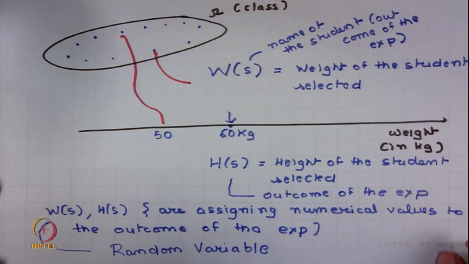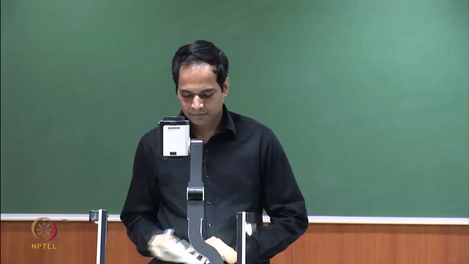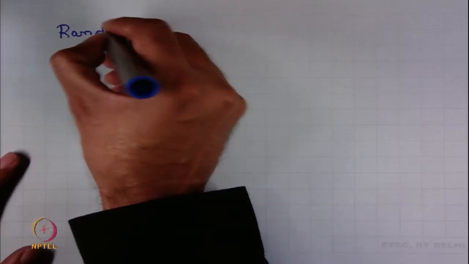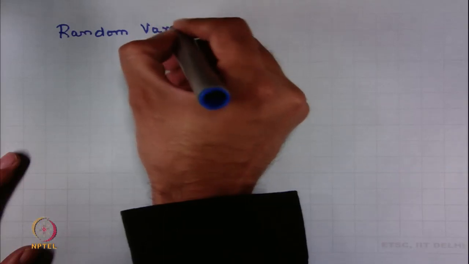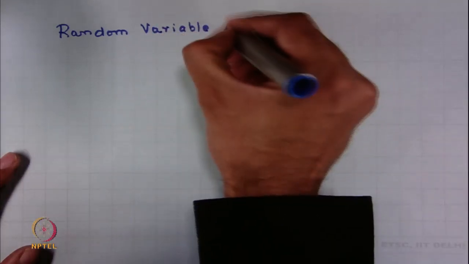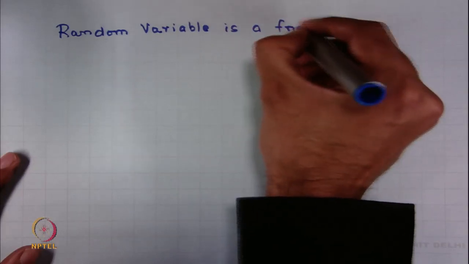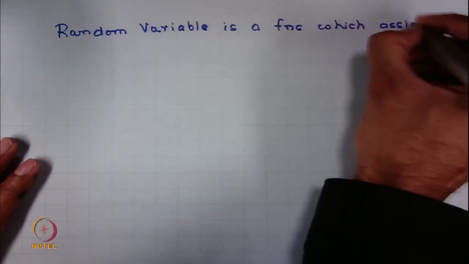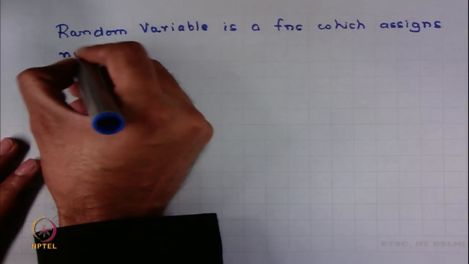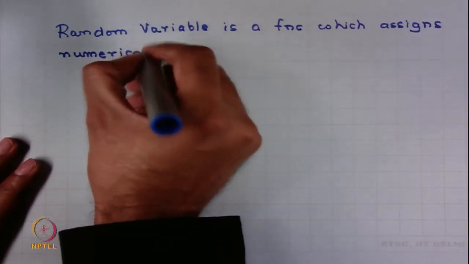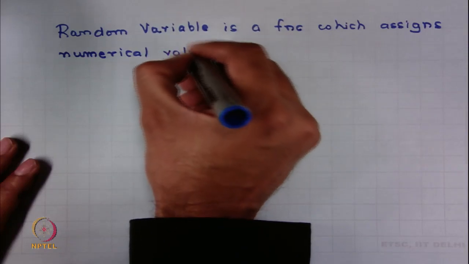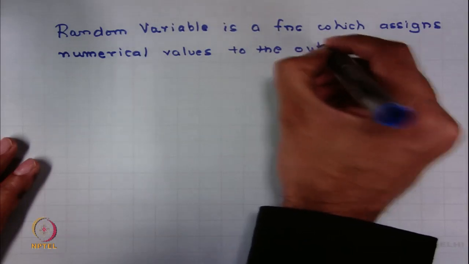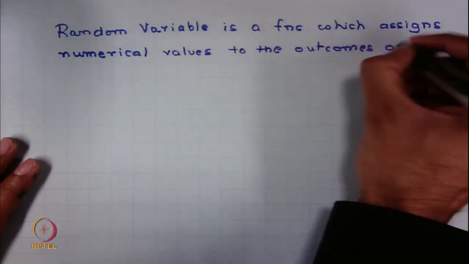So, what is a random variable? Random variable in short is a function which assigns numerical value to the outcomes of an experiment.